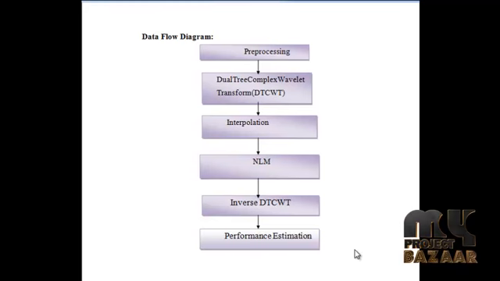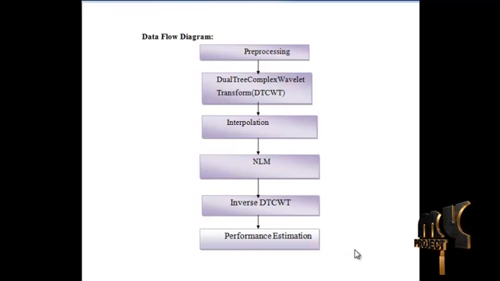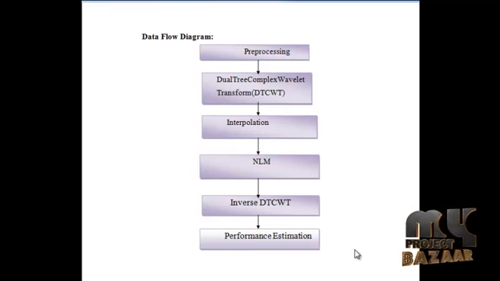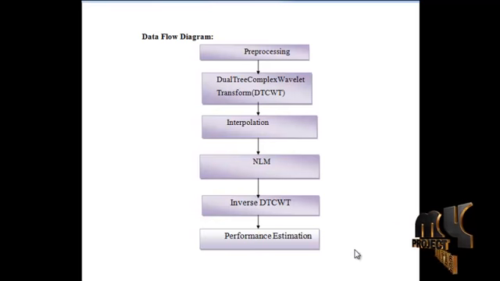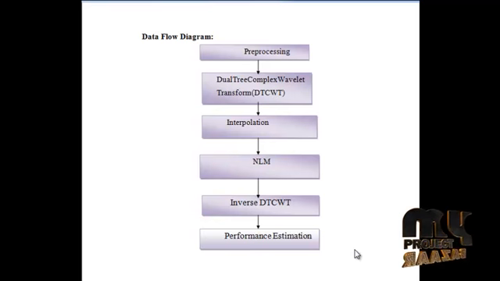Now we discuss the dual-tree complex wavelet transform. The dual-tree complex wavelet transform is a complex valued extension to the standard discrete wavelet transform. It is a two-dimensional wavelet transformation which provides multi-resolution sparse representation and useful characterization of the structure of an image.